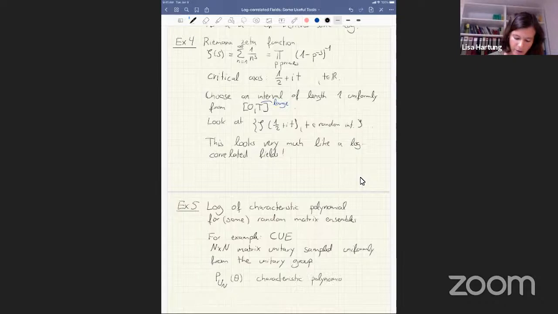Then the logarithm of the modulus is essentially a log correlated field.